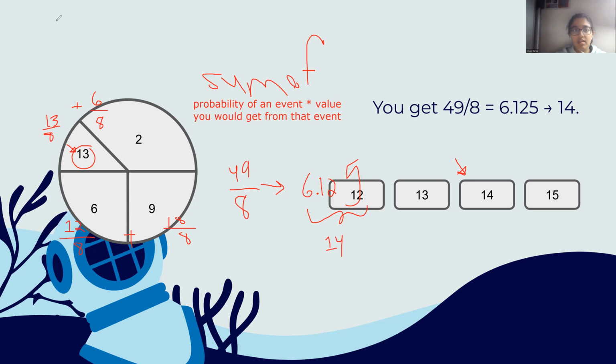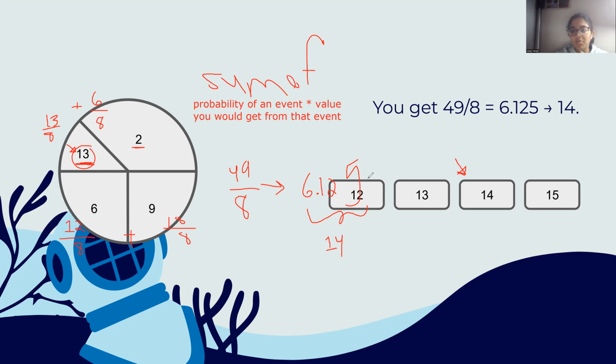You would take the actual value of the event, so this event has a value of 13, and you would multiply it by the probability. The probability would be 1/8, so 13/8. And then this has a value of 2, so you'd multiply it by the probability of getting that 2, which is 3/8.